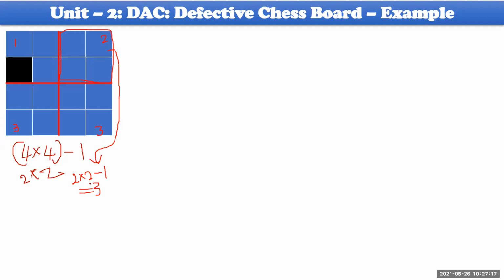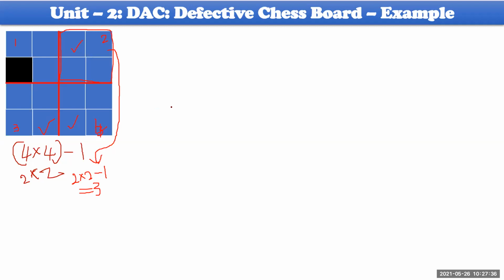Therefore, you can consider one triomino and replace it. But within this particular part, you don't have any defective. Within this third part, you don't have any. This is the fourth actually, and you don't have any defective there either. Then how could you solve this problem?